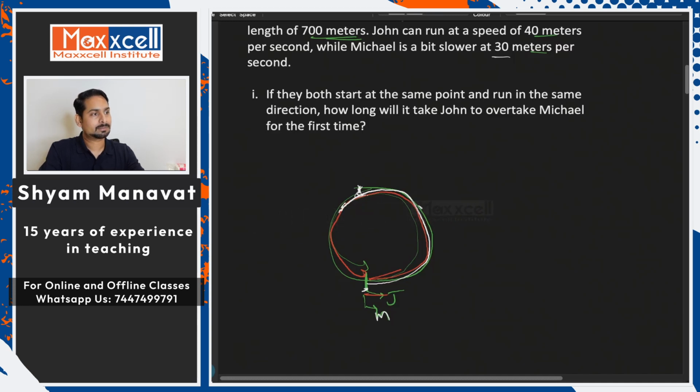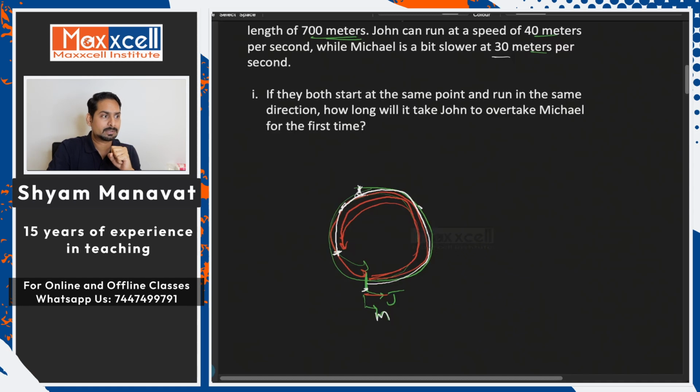By the time Michelle is here, John continues running and meets Michelle somewhere on the track. If you look at this carefully, John is completing one lap and covering extra distance in the second lap. The second lap distance covered by John is equal to the distance covered by Michelle.